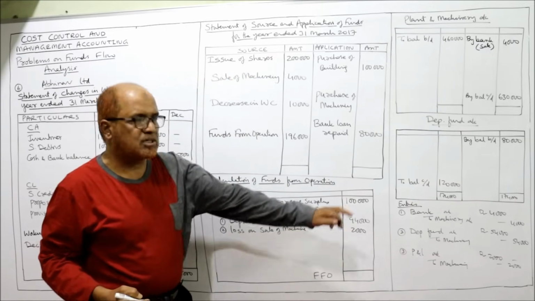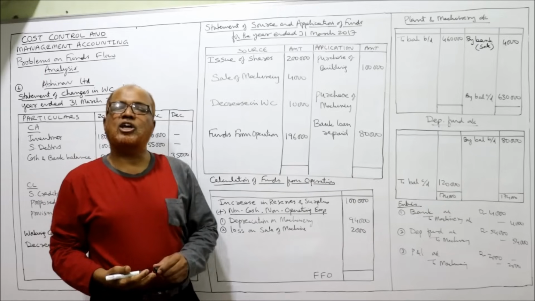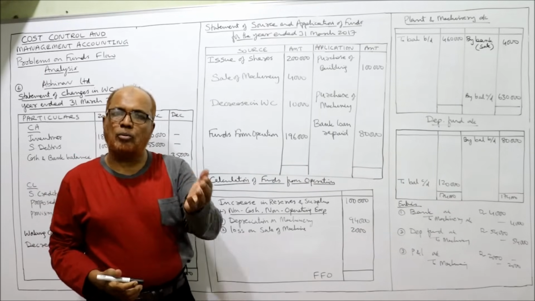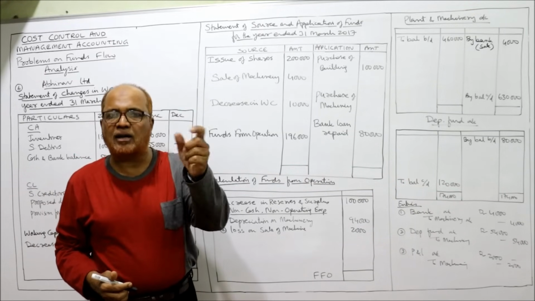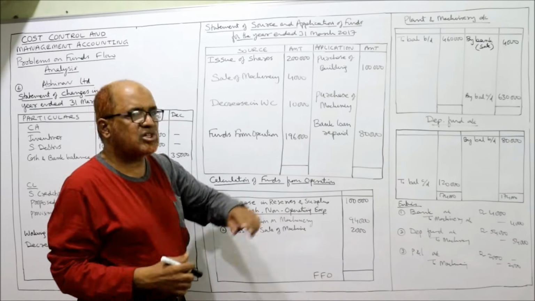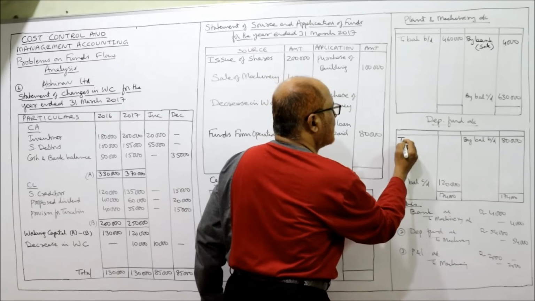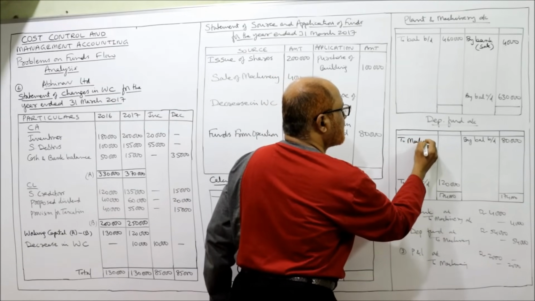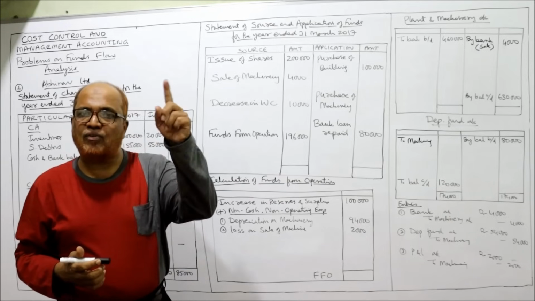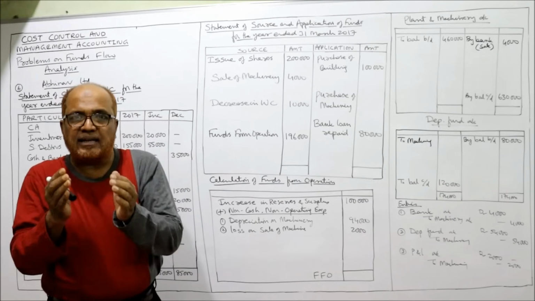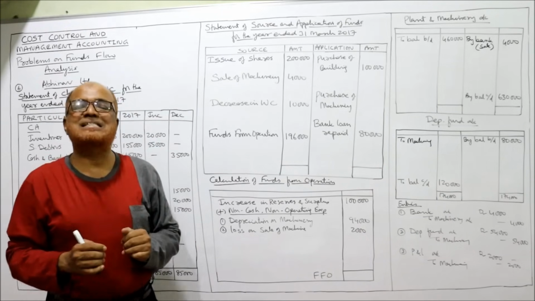First entry posted. Second entry, accumulated depreciation account debtor to machinery account or depreciation fund account debtor to machinery account. So depreciation fund will be debited to machinery. How much is the accumulated depreciation? It was purchased for 60,000. At the time of sale, its book value is 6,000.